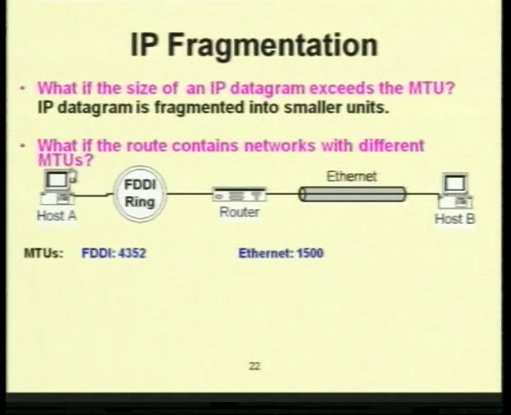Now the question is, what if the router contains networks with different MTUs? For instance, from host A to host B, I am going through first an FDDI network, which has an MTU of 4352 bytes.